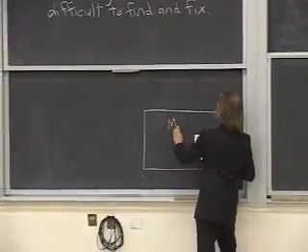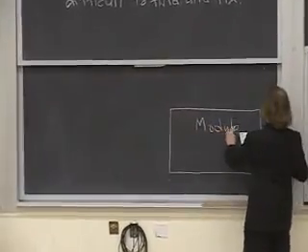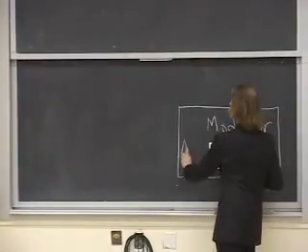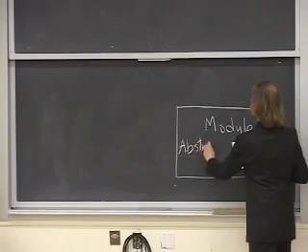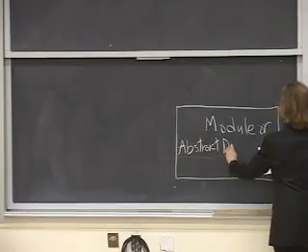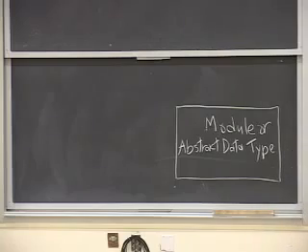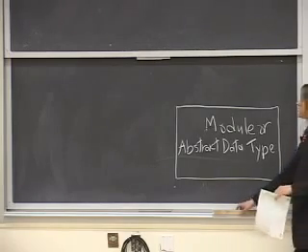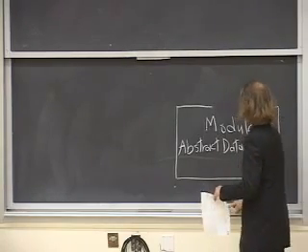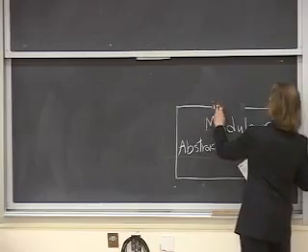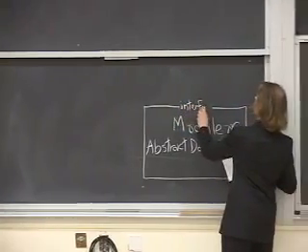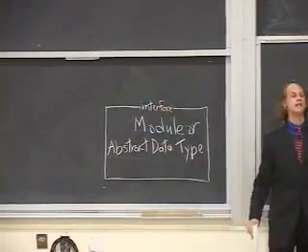So here you have a module, or you have an abstract data type, which is a type of module, really. And that module has an interface. It's a very well-defined, non-ambiguous, publicized interface.